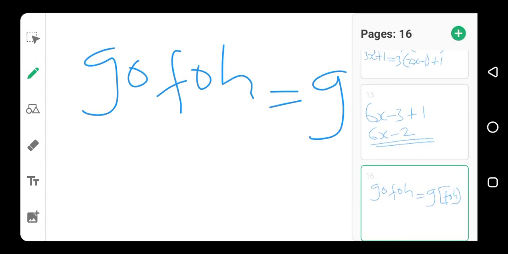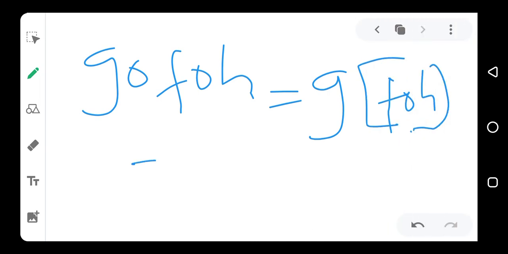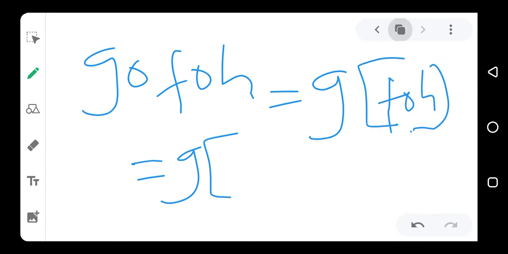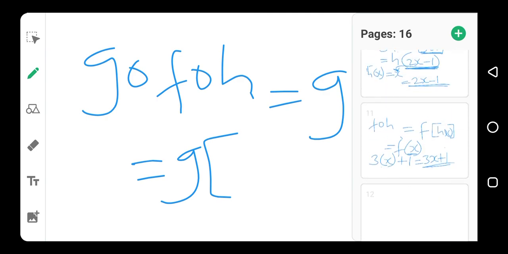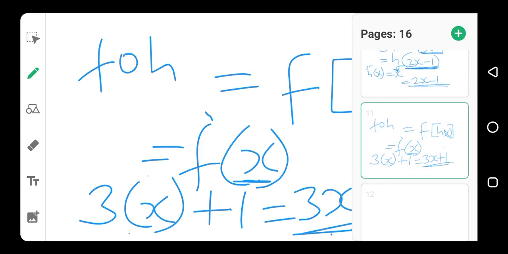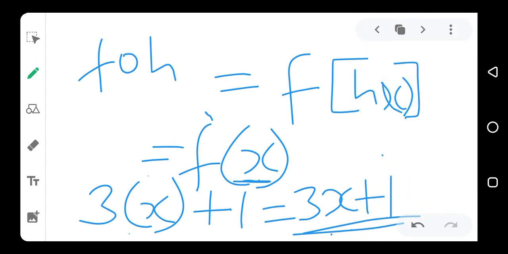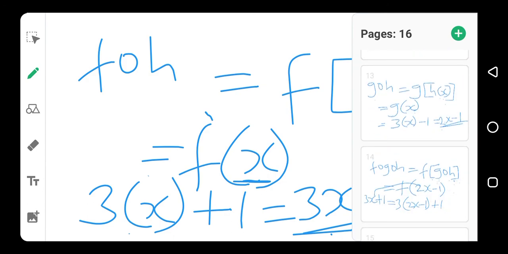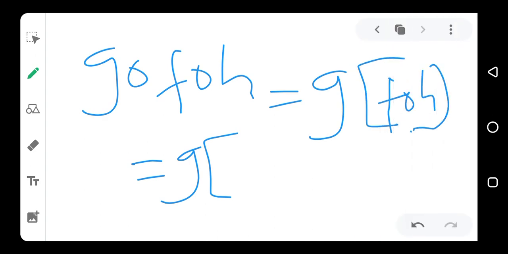So this is g of 3x plus 1. 3x plus 1 is f of h.